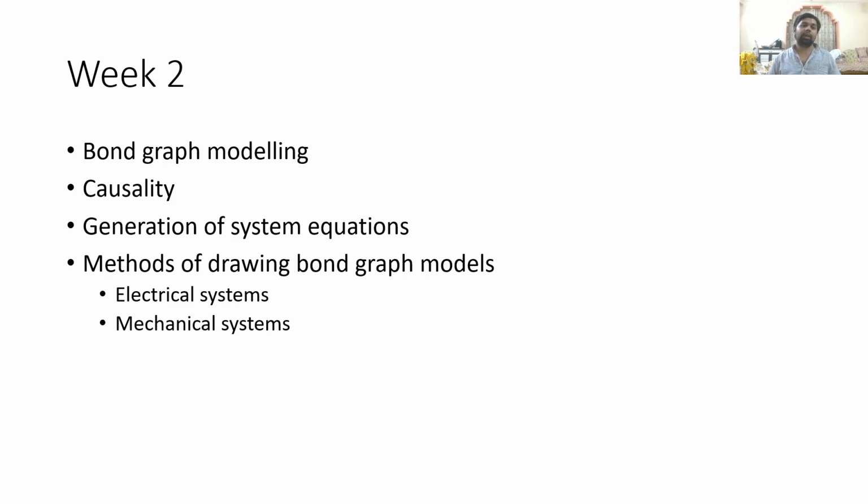That's the interesting thing about this graphical technique. Then the concept of causality was discussed, and then how we can generate the system equations by looking at the bond graphs, and some methods of drawing bond graph models for electrical and mechanical systems were discussed.